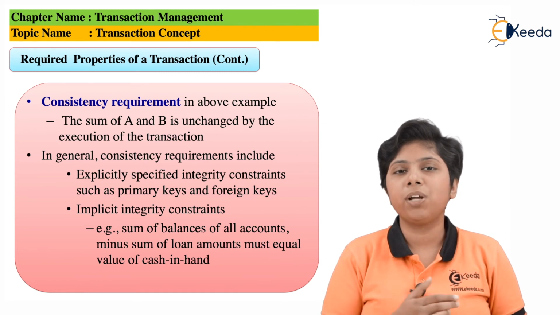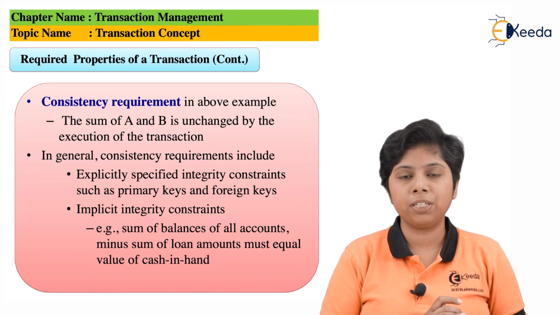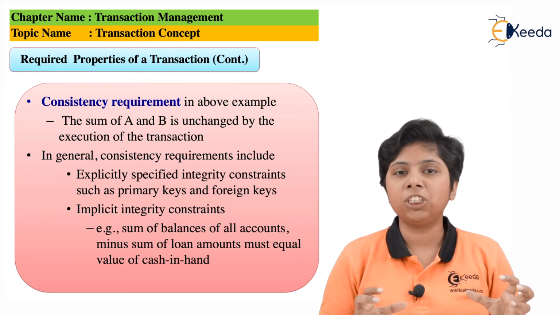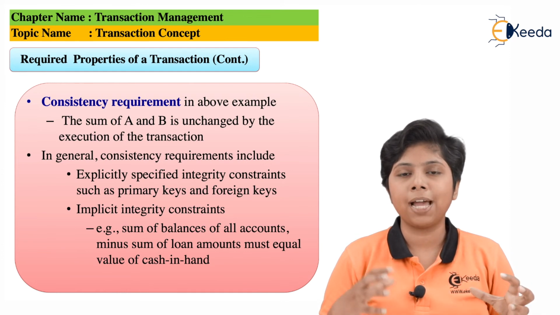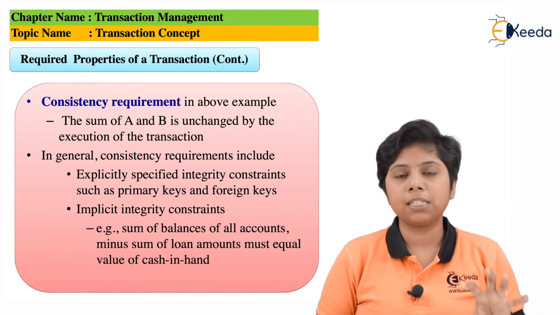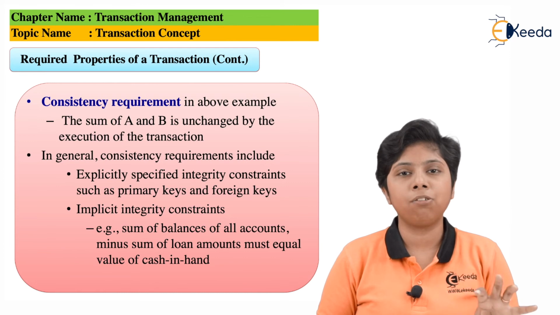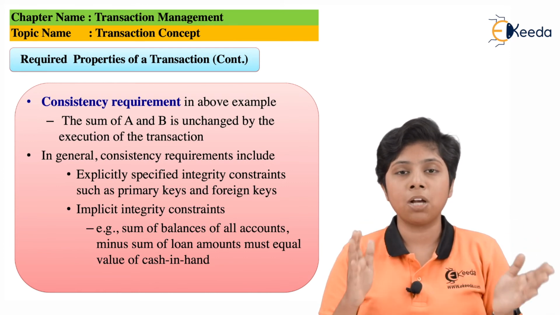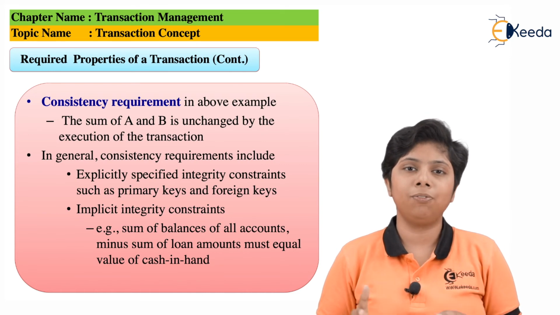So how can we reach consistency in this transaction? One way to check for consistency is to check that a calculation on the old values gives an unchanged total for the new values.